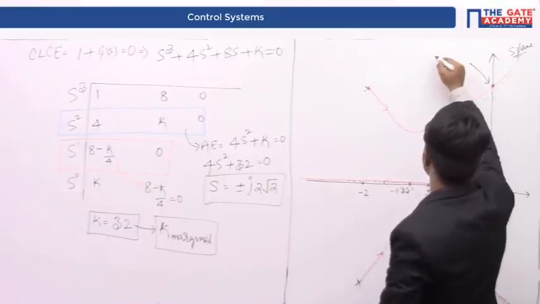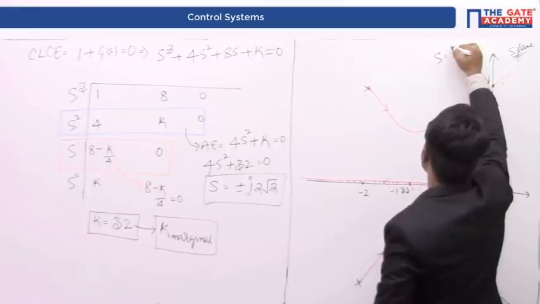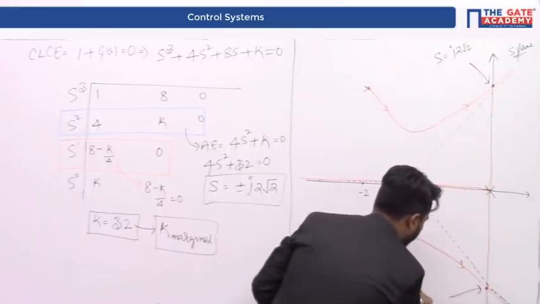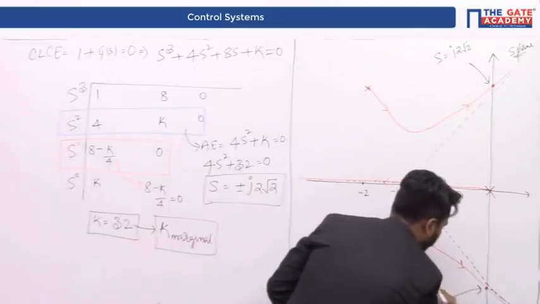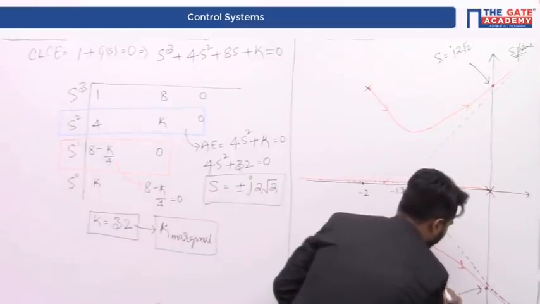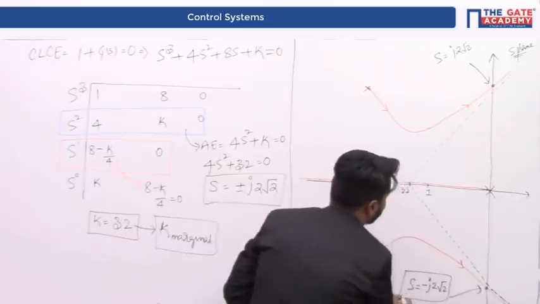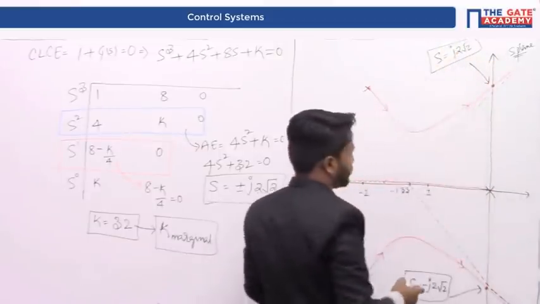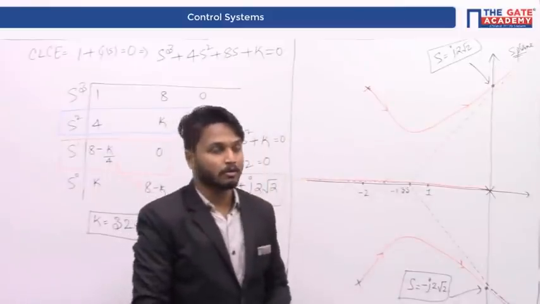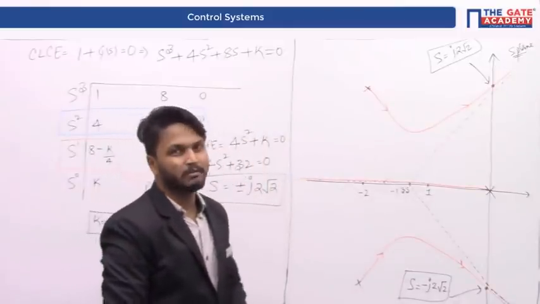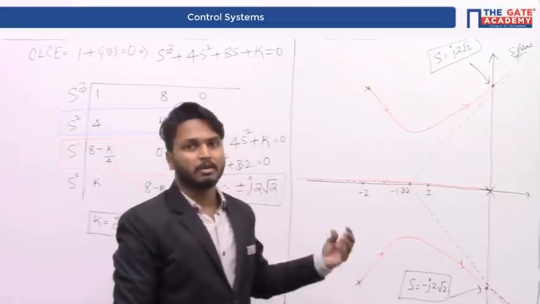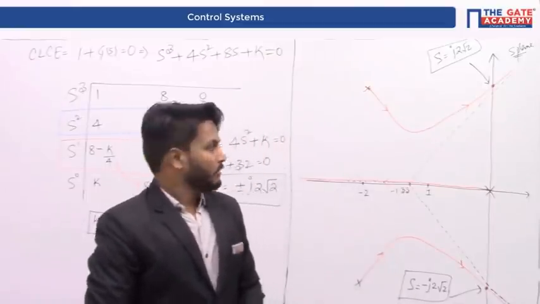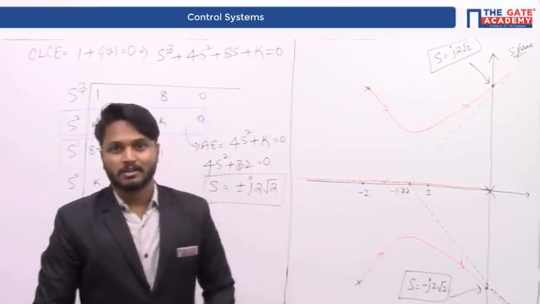This root is s is equal to j2 root 2, and this root is s is equal to minus j2 root 2. Hence, we have obtained the points of intersection of the root locus with the imaginary axis also. Of course, you can solve for the breakaway points, but you'll get some complex values, which means the breakaway points are invalid. So let's move on to the next question now.